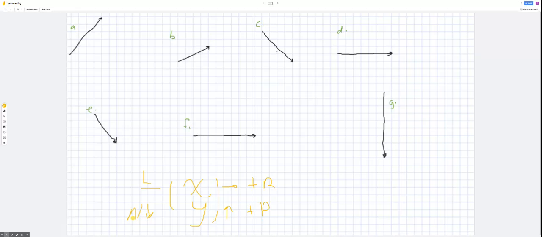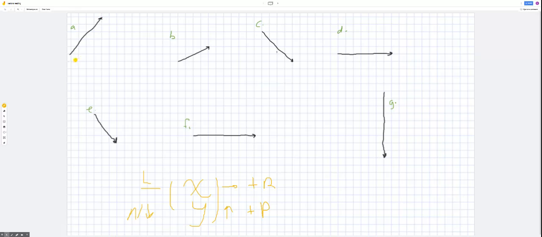All right, so we have some questions here. We're asked to represent or interpret these vectors. The first vector is vector A. We need to find out where the starting point and the end point are. How do we interpret this?